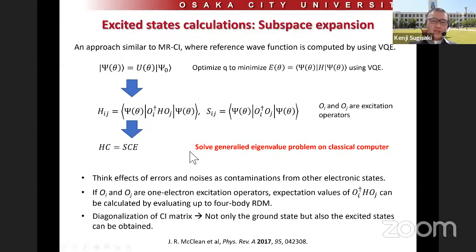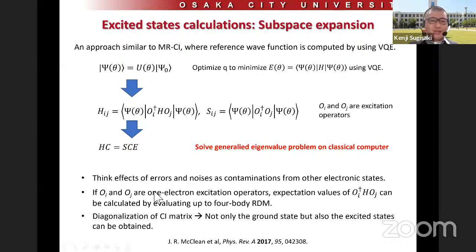But in order to perform this approach, we have to evaluate the expectation value of this O_I dagger H O_J. The Hamiltonian has four fermion operators, I mean two creation and two annihilation operators.